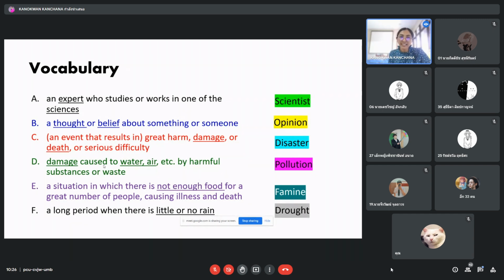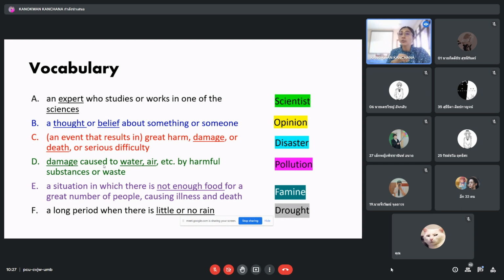Next, you see the word disaster. Disaster is the damage, or the result after a serious difficulty. For pollution, you will see the damage in water, in air, in soil. So you may have heard the words water pollution, air pollution, soil pollution, and if there is too much noise, you may hear noise pollution.